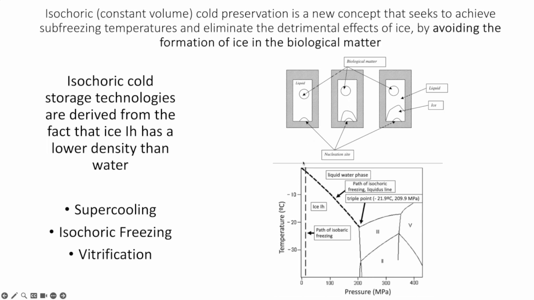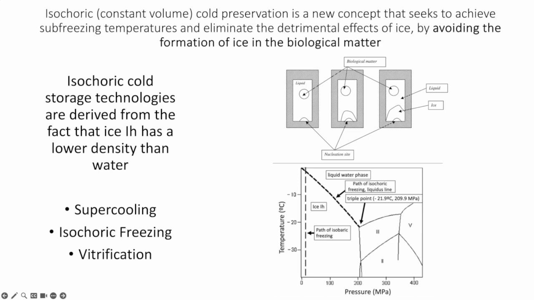The ice and the water are in thermodynamic equilibrium. So in isobaric, once you lower the temperature, everything freezes. In isochoric, as you lower the temperature, ice forms in part of the volume, but the ice is in thermodynamic equilibrium with the water, but at a higher pressure. So you go down along this line, and if you were to keep your biological matter in the unfrozen part of the system, then it will not experience ice. It will experience an increase in pressure, but it will not experience ice.